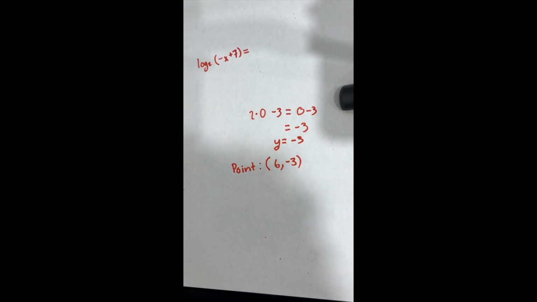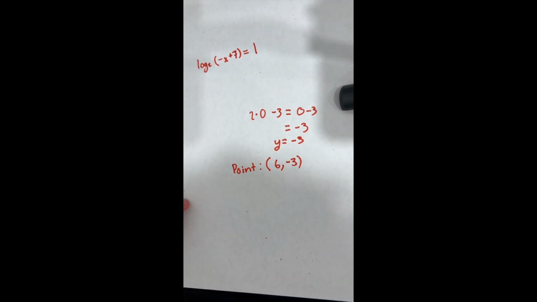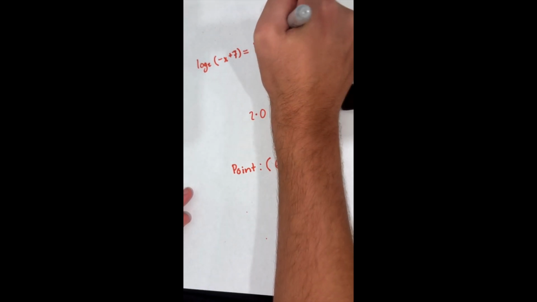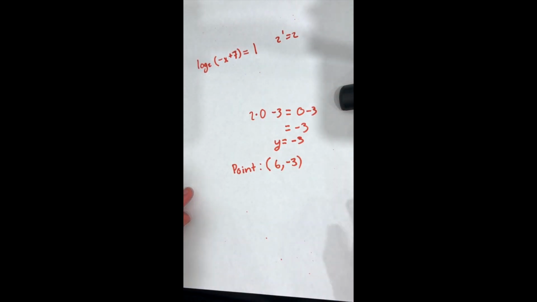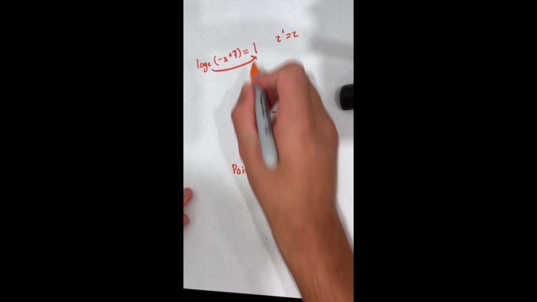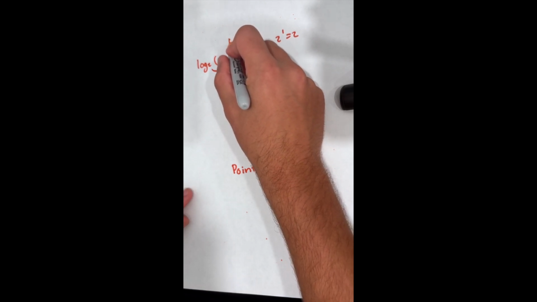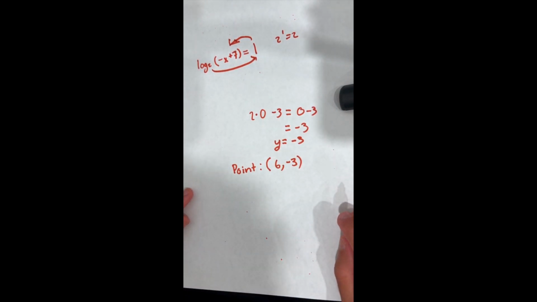So let's use that. So off to the side, we can write that 2 to the power of 1 will equal 2. We know this because if 2 is the base, and we set the log equal to a number, we used 1, it will equal negative x plus 7.